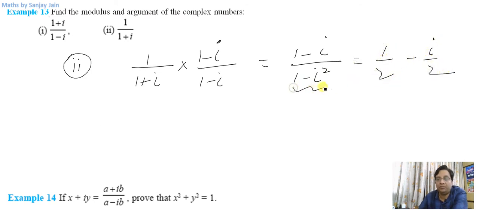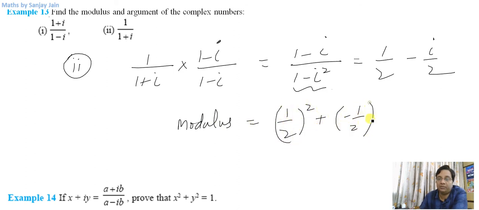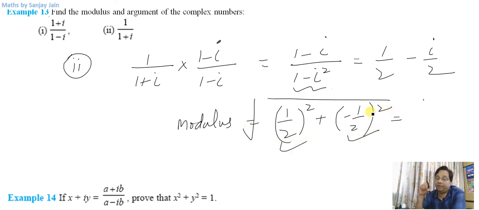This will become 2. So now I need the modulus. Modulus will be equal to the square root of 1 by 2 squared plus minus 1 by 2 squared. So this will be 1 by 4, this will be 1 by 4. If I add 1 by 4 and 1 by 4, it will be 1 by 2 square root. So it will be 1 by root 2.